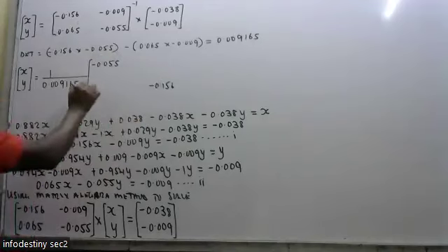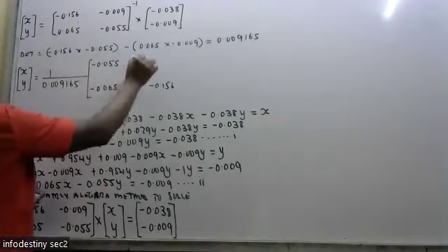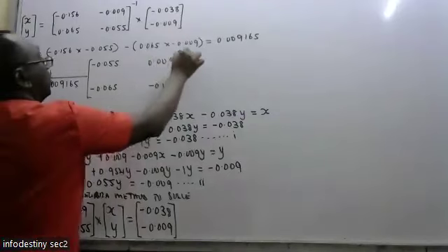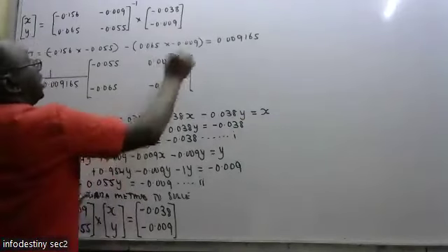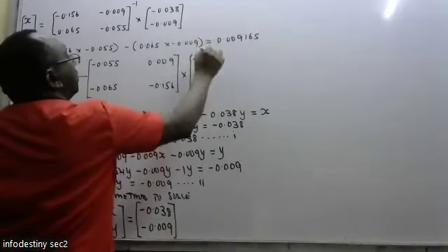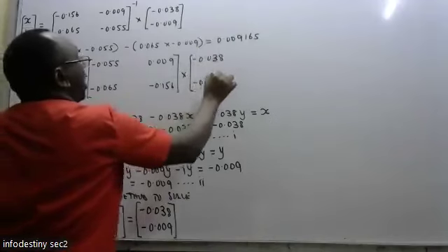Here you change the sign, so we have minus 0.065 and this is 0.009. You multiply by negative 0.038, then negative 0.009.